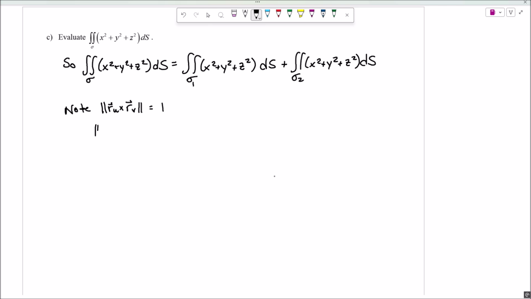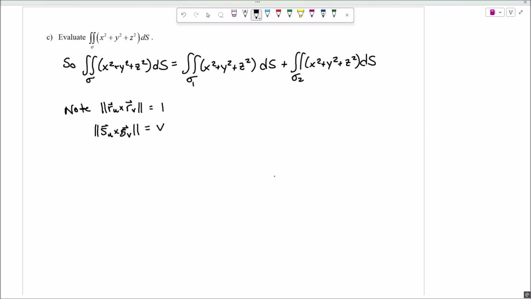When I did my partials and their cross product with respect to each of these variables for sigma 2, I ended up with a total result of v. Now, if you didn't get those, you could pause the video again, go back, and see how you might get to those answers. And if you need more details, you can always take a look at the full solutions posted in Blackboard.